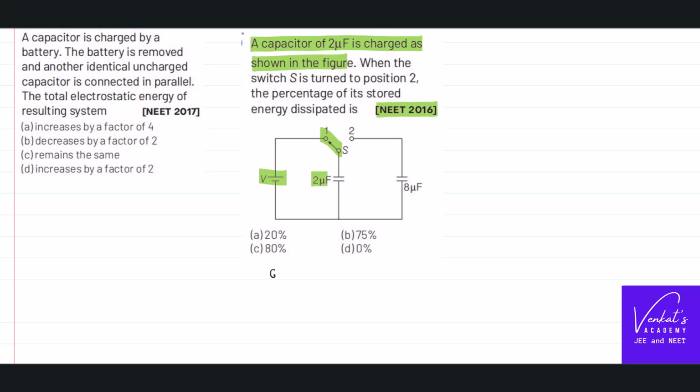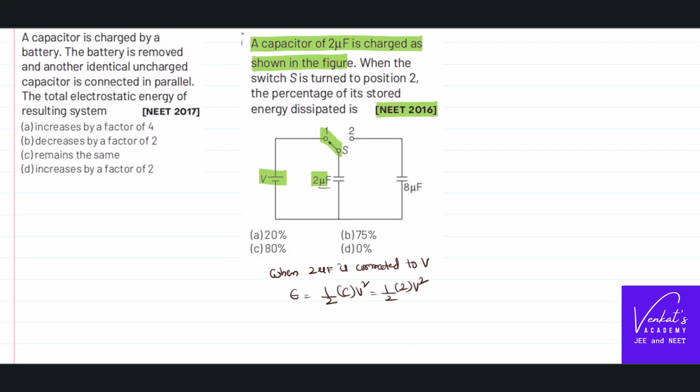When the 2 microfarad is connected to battery V, energy stored is half CV square. I am not substituting the micro as 10 power minus 6, because I just want a percentage. Let us leave it like that, half CV square. That is the first part of the problem.